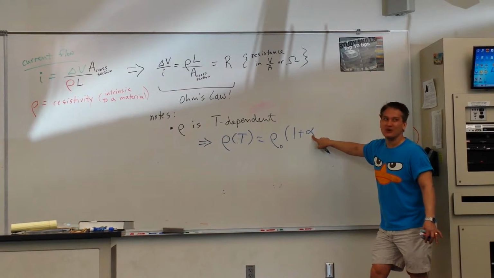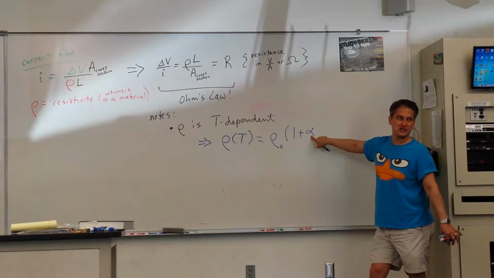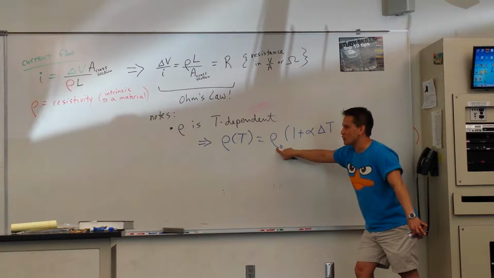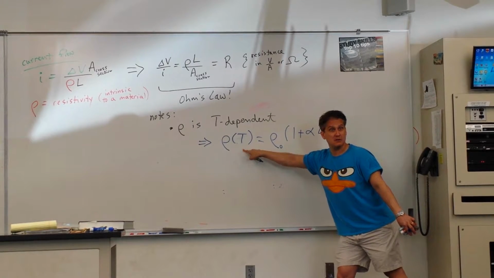This is the coefficient of thermal resistivity, times the difference in temperature between the reference temperature and the temperature that you're comparing it to.